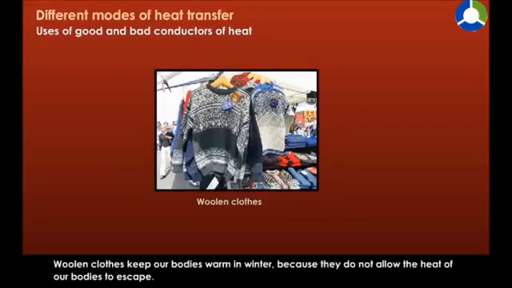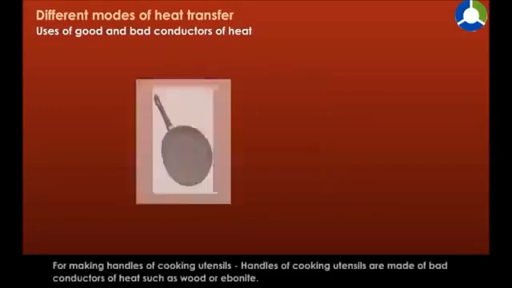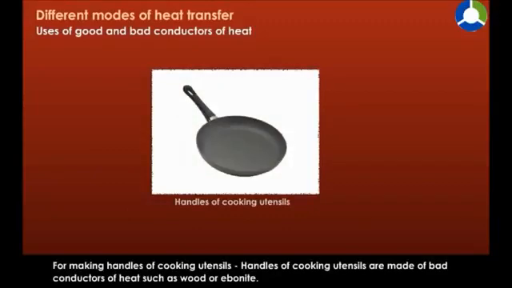Woolen clothes keep our bodies warm in winter because they do not allow the heat of our bodies to escape. For making handles of cooking utensils. Handles of cooking utensils are made of bad conductors of heat such as wood or ebonite.